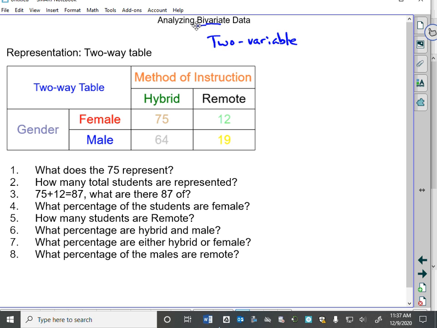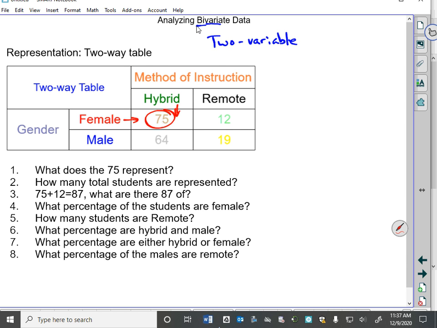Okay, so to start out, let me highlight a couple of things as we go on. The first question here says, what does the 75 represent? Well, the 75 is to the right of the female and below hybrid. So my table here is about genders of students and what method of instruction they are on.